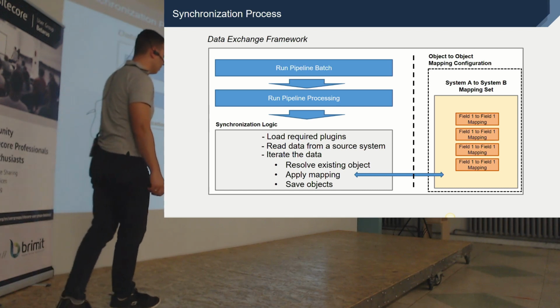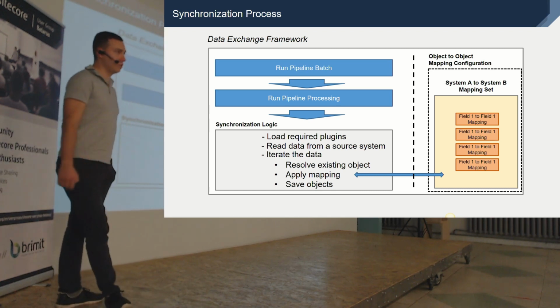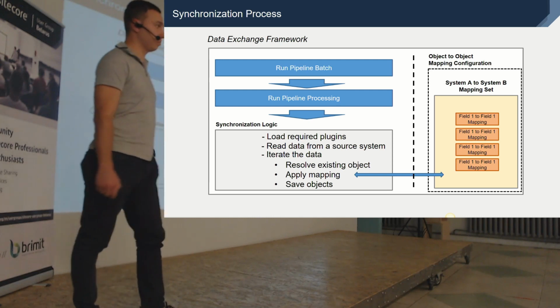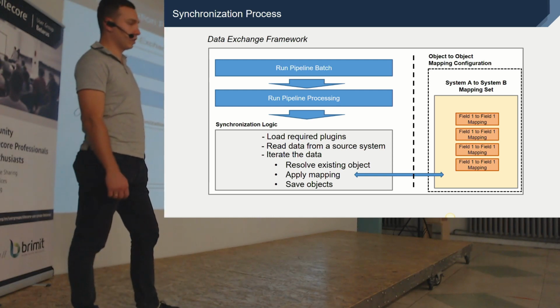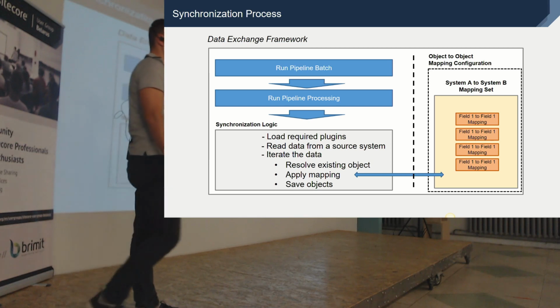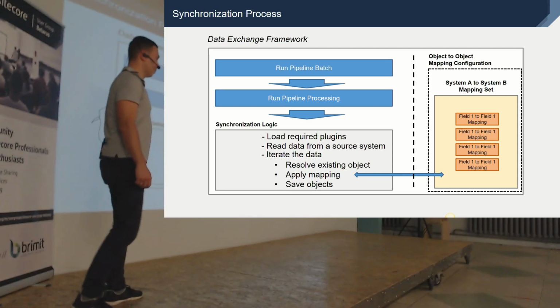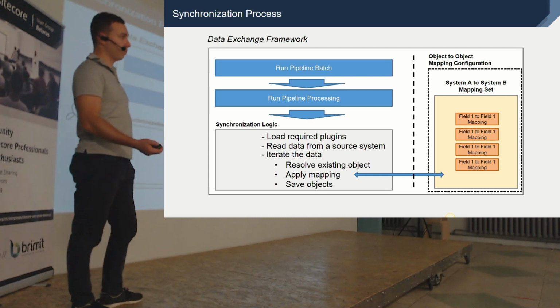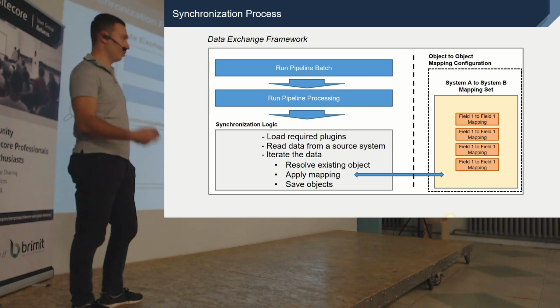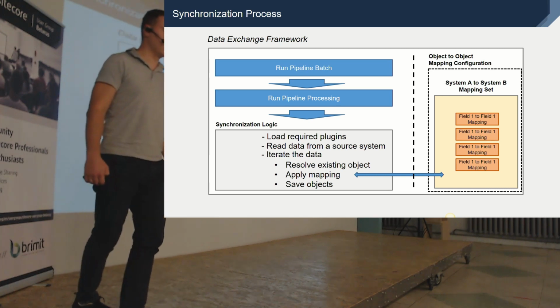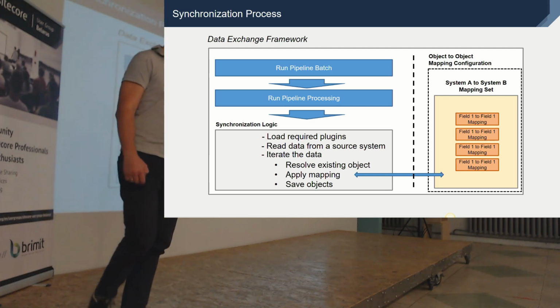What does it mean? For example, when we use the XConnect provider, we need to put an XConnect client. If you work with XConnect, you will understand what I mean. It puts it into our synchronization process objects, and then this client will be used to read data from the source system, if you use XConnect as a source system.